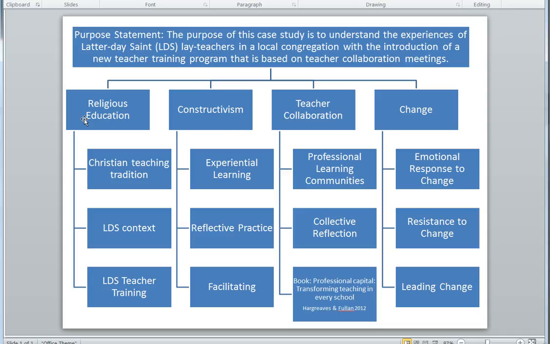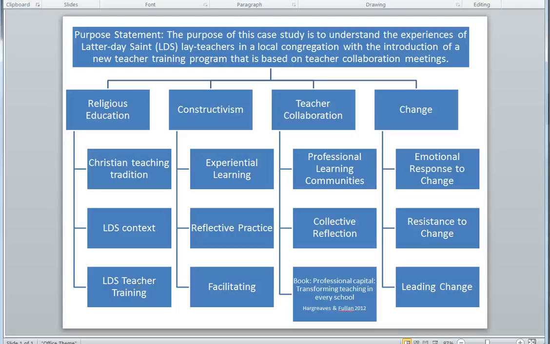She's decided to go broader and start with religious education, Christian teaching tradition, LDS context. So notice how she narrows. What we're talking about here is using kind of a V concept so that we go from general to specific. And that's a very good way of doing that. We want to use our literature map as an outline or guide for writing up our literature review.